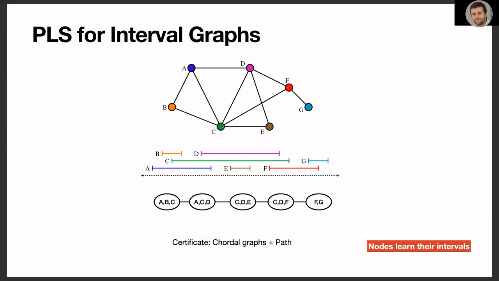An interesting point again is that, as I said on the last slide, with this construction and verification, the nodes can also learn their intervals. So again, we can use that in the local algorithms that require this information.